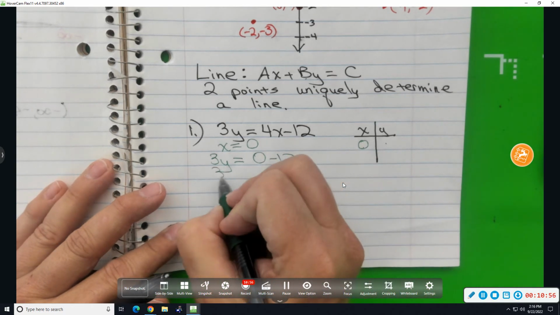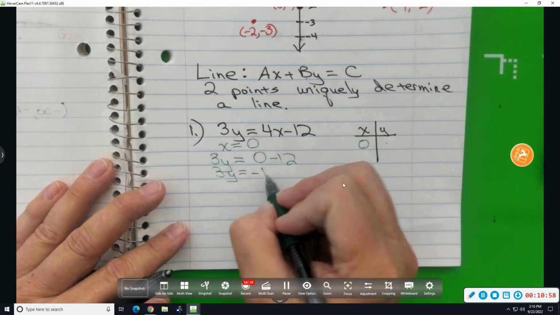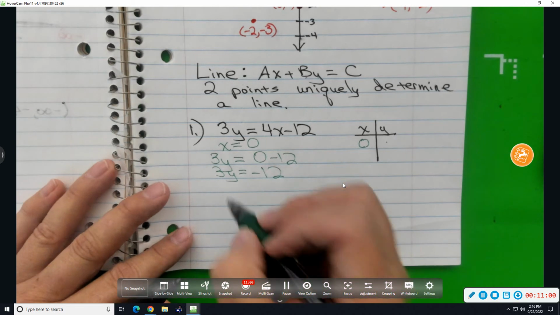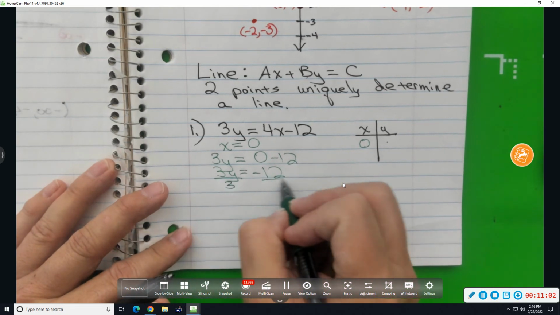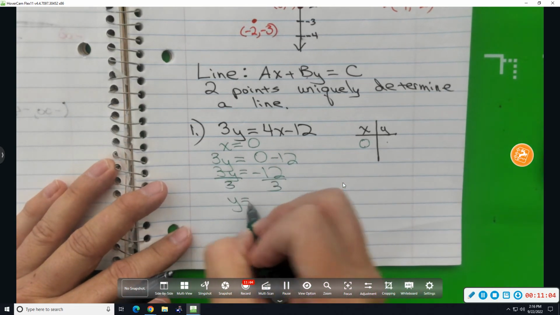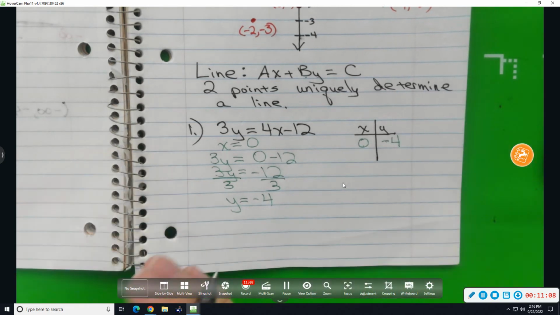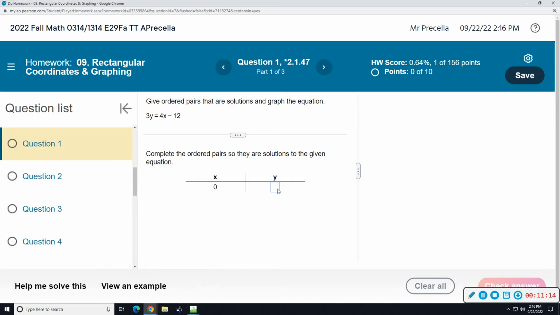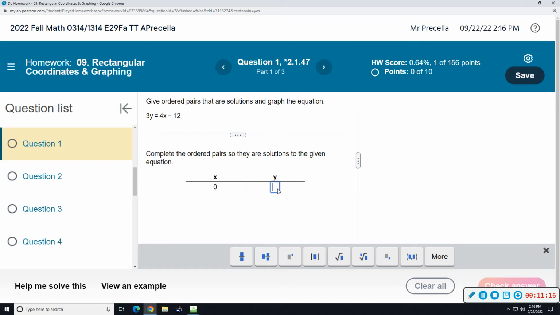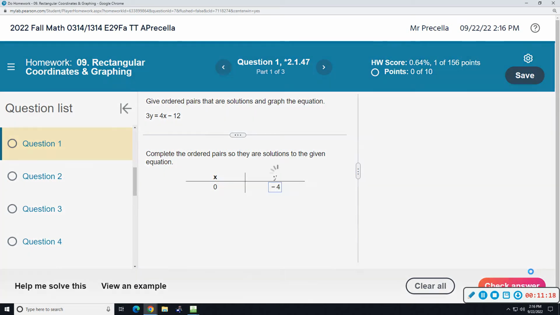That says 3y is equal to -12. Divide by 3 on both sides, so y equals -4. So there's our y value of -4. So we go back over here and we type in -4.